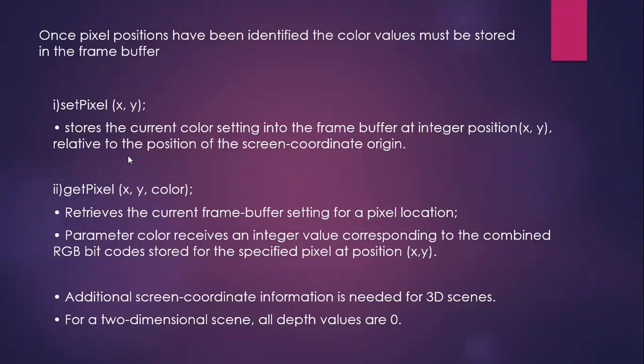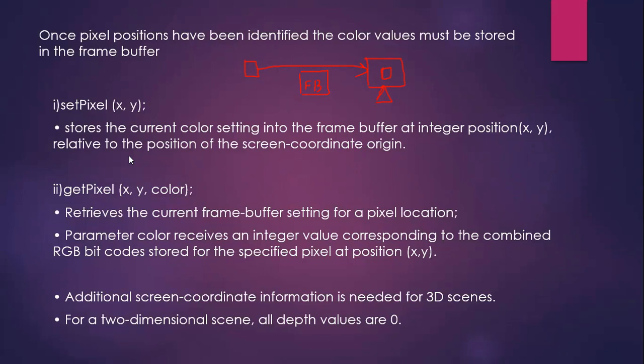So as you know, suppose you want to draw an object, maybe I have a square. You want to render this onto a display screen, you want to display the particular object on the screen. So before displaying the content on the screen, the pixel information will be stored in the frame buffer.